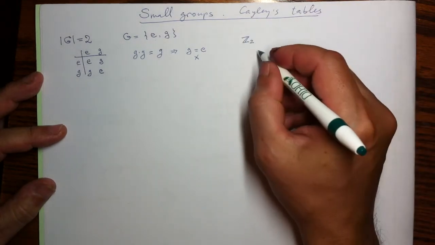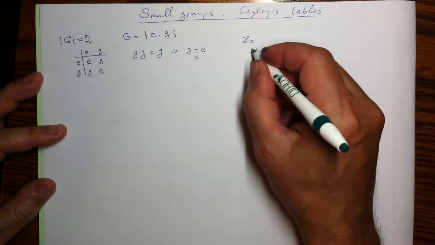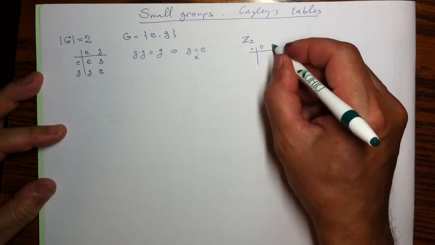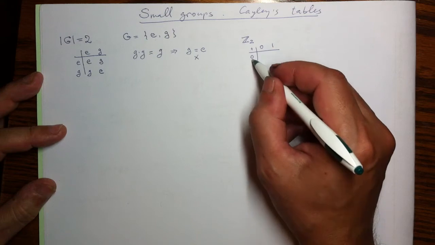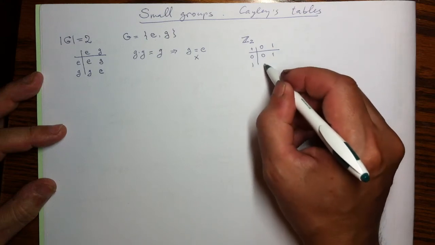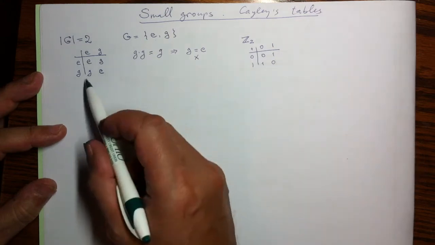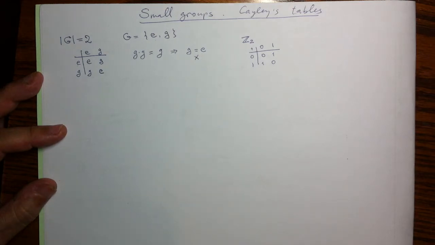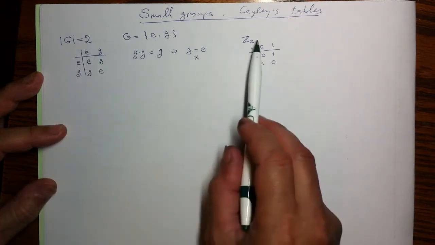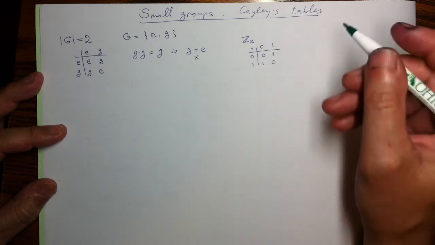Integers mod 2 is a group of order 2, so the addition operation on congruence classes of 0 and 1 is 0, 1, 1, 0, just like we have here if we think of e as 0 and g as 1.